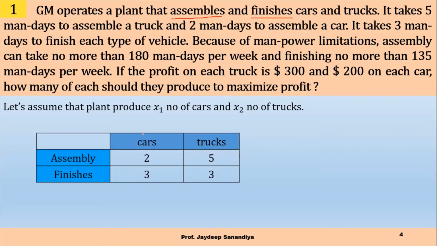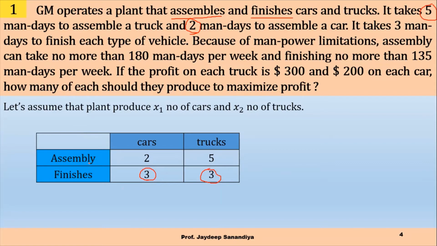Now let's see, a car takes 2 man-days for assembly, so write 2 over here, and a truck takes 5 man-days for assembly, right? In a similar way, both car and truck take 3 man-days for finishing. So write down the decision variables in the first row and constraints in the first column.